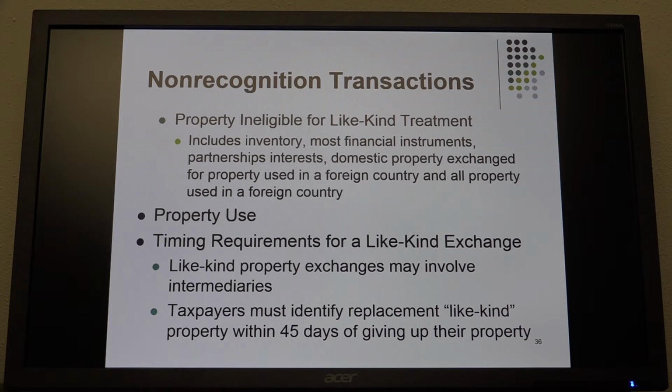They'll take possession of the property that you plan to give up in the exchange. They'll go out there and look for like-kind property that can be received by the taxpayer in a like-kind exchange. Note that the taxpayer must identify the replacement like-kind property within 45 days of giving up their property to the intermediary.